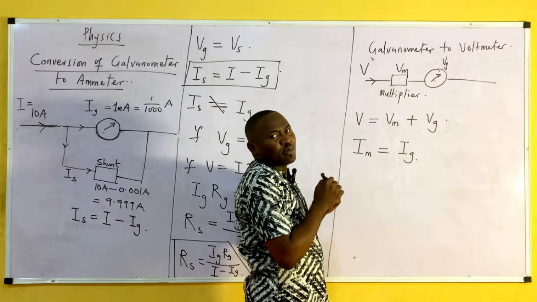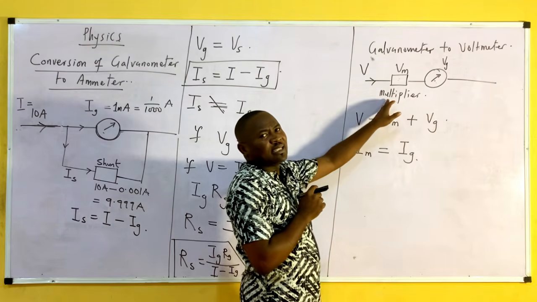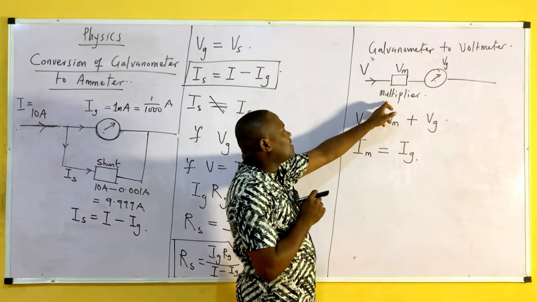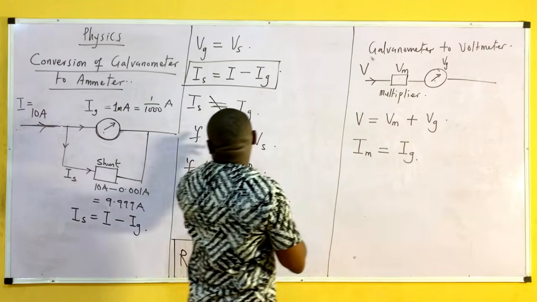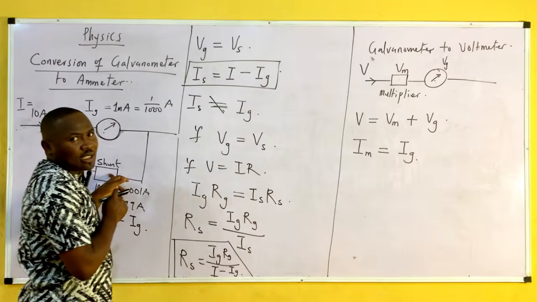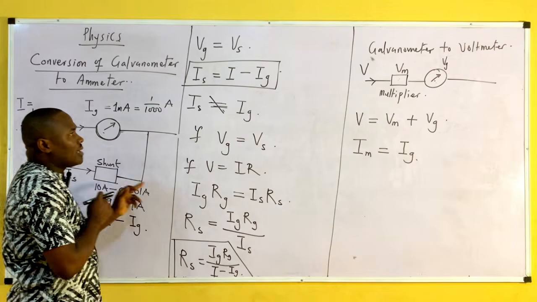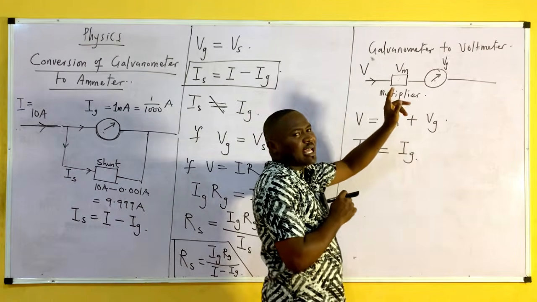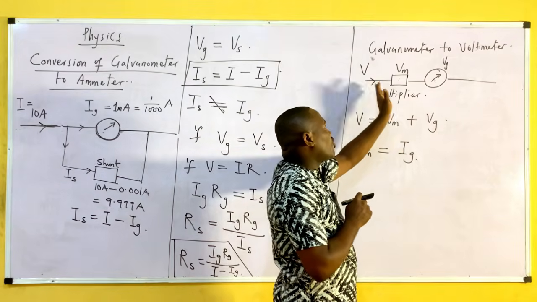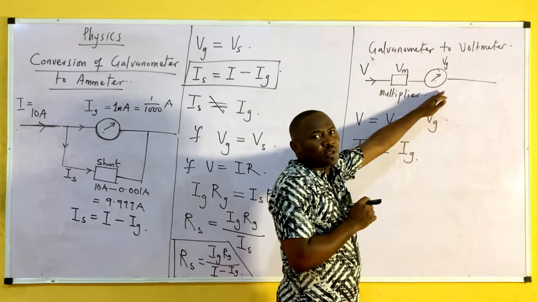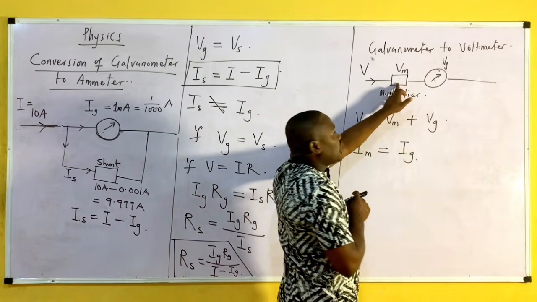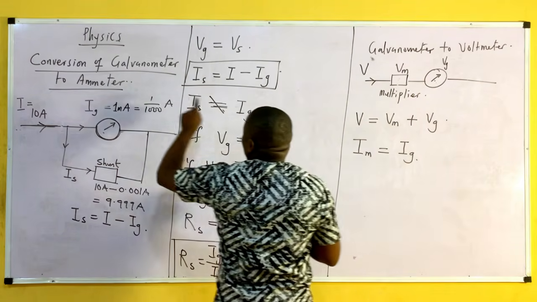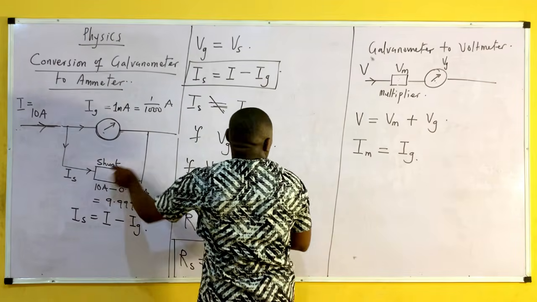So what is a multiplier? A multiplier is a high resistance wire connected in series to a galvanometer. A shunt is a low resistance wire connected in parallel. So to convert a galvanometer to a voltmeter, you use a multiplier. But to convert a galvanometer to an ammeter, you use a shunt.